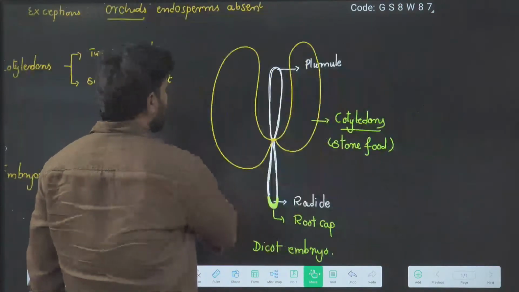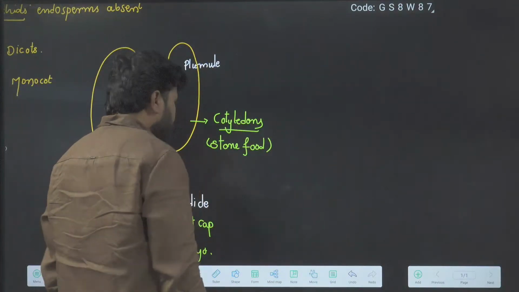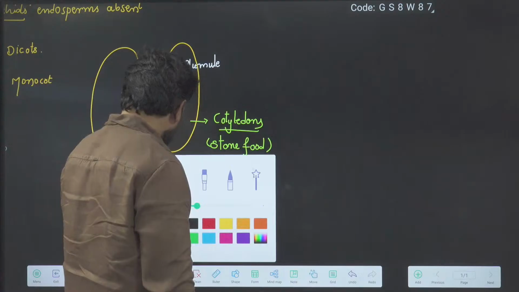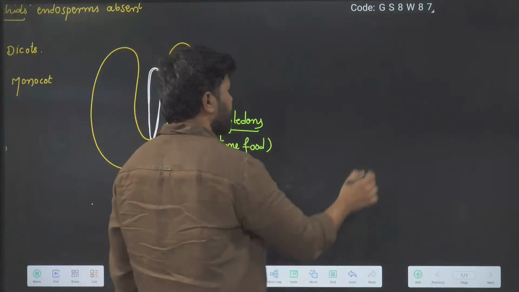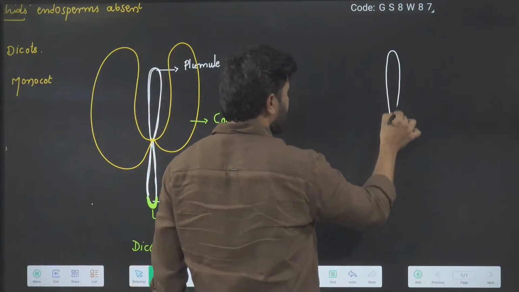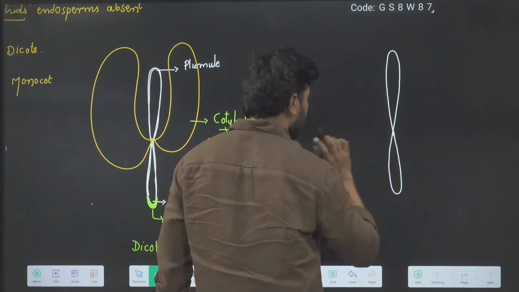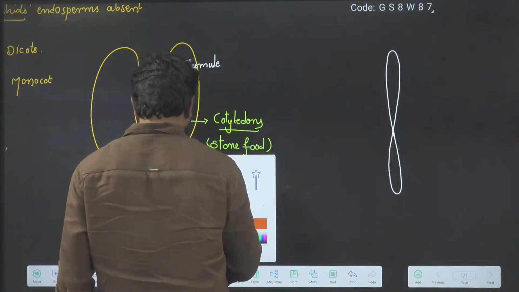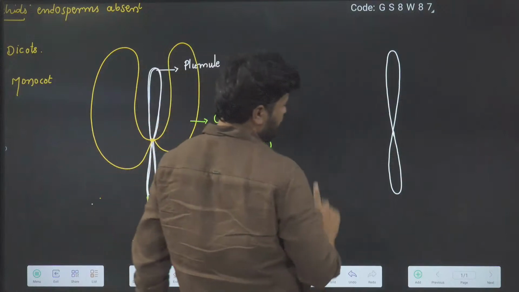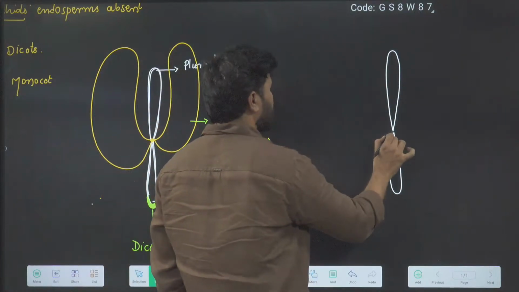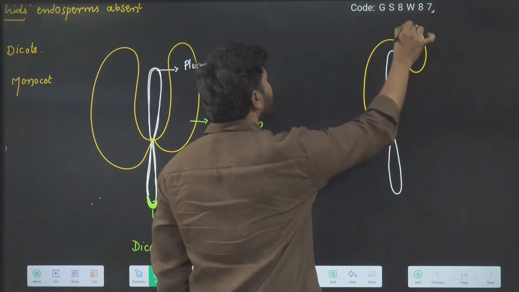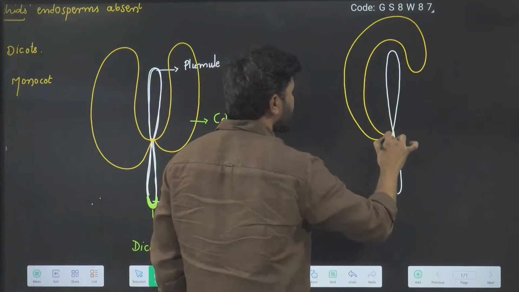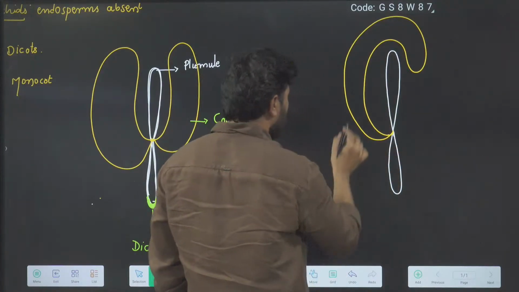Next, take a monocot embryo. It does possess an embryonal axis. This is its embryonal axis. It also possesses two cotyledons. Be careful, it possesses two cotyledons, but one cotyledon is enlarged and shield shaped.